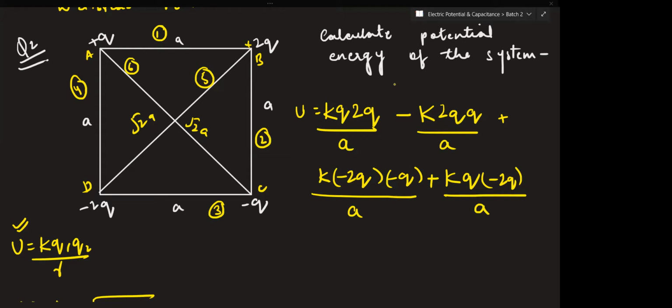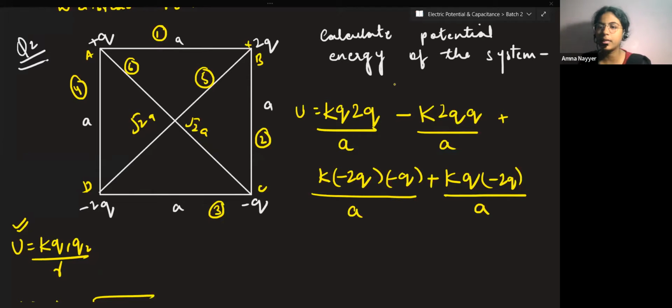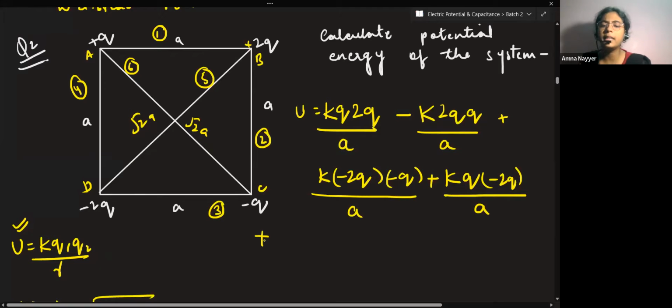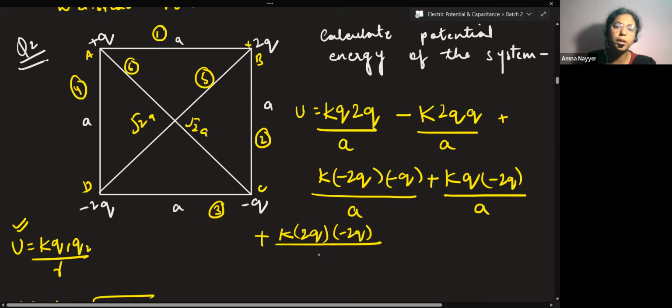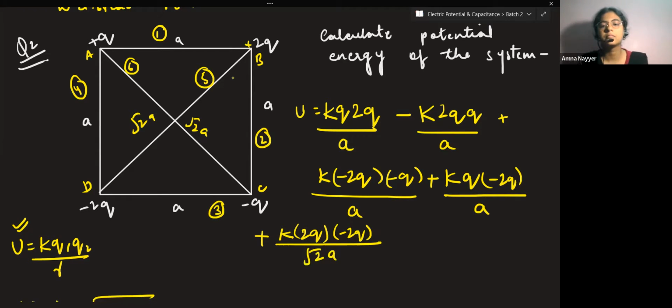Minus K 2Q by root 2A. Root 2A. Correct. So if I'm writing positive sign right now, first it will be K. Charge is 2Q. Other charge minus 2Q. And the separation between these plus 2Q and minus 2Q is root 2A. Fine.